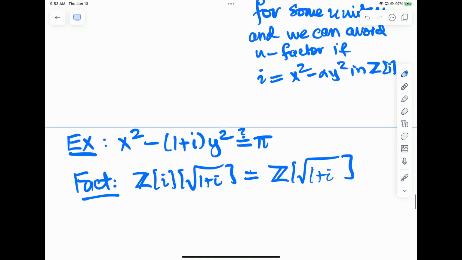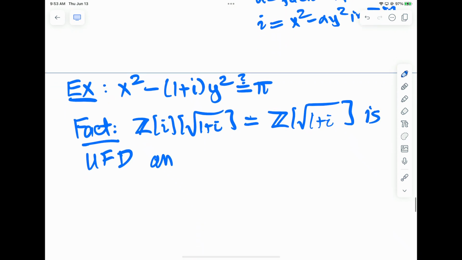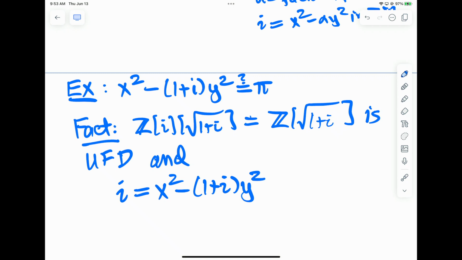So this turns out to be a unique factorization domain. And i has this form. I wonder if anybody can figure out x's and y's that make this work. I'll just tell you. If x and y are both i, then minus 1 minus (1 plus i) is i.